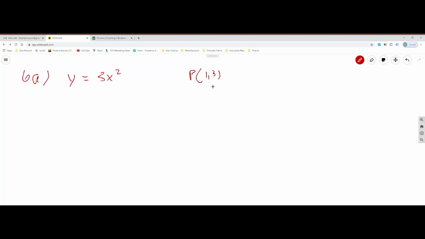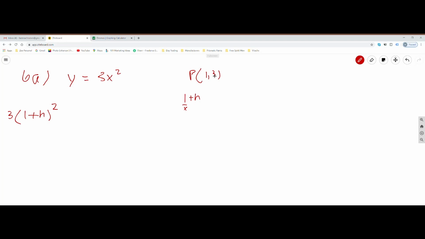When you put 1 into this equation, you get 3. What we need to do is figure out what to add h to, which is the x. So we're going to use 1 plus h, because this is what the x is. We substitute here: 3 times (1 plus h) squared, and then minus whatever value it is for y.